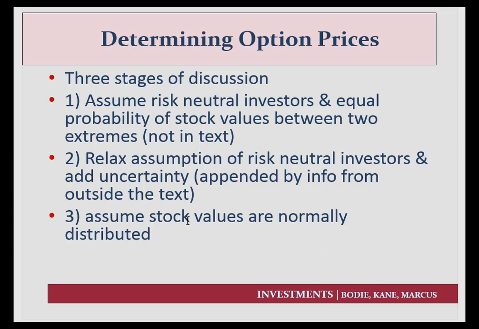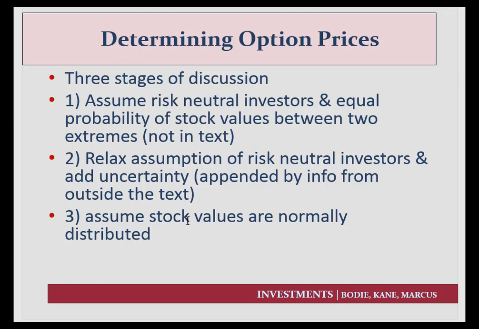We're going to look at three stages of theory. The first thing we're going to assume is that investors are risk neutral and there's equal probability of stock values. Now, this isn't in the textbook we're currently using, but I like this explanation because it gets us to think about options and what they mean, and it makes it very easy to demonstrate what happens when the variables change.